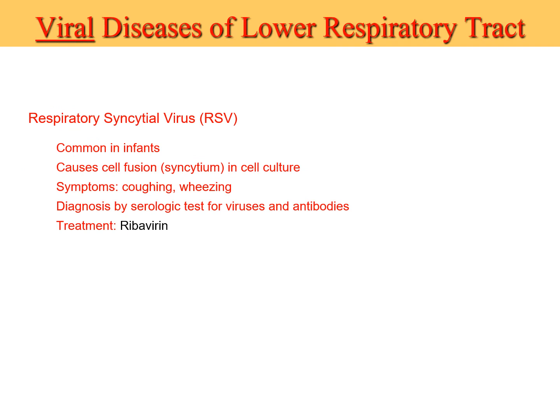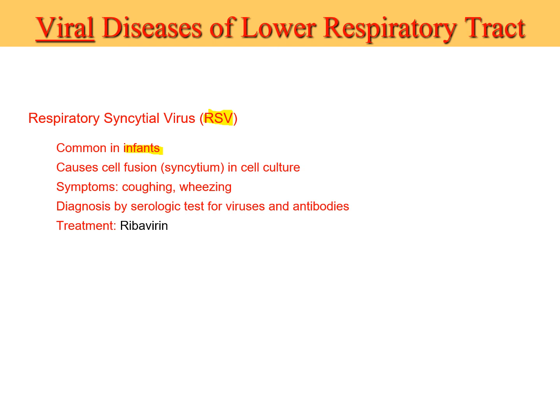In small children and infants, you can get an infection with what's called RSV, or respiratory syncytial virus. Respiratory syncytial virus has the unusual ability to cause cells to fuse.